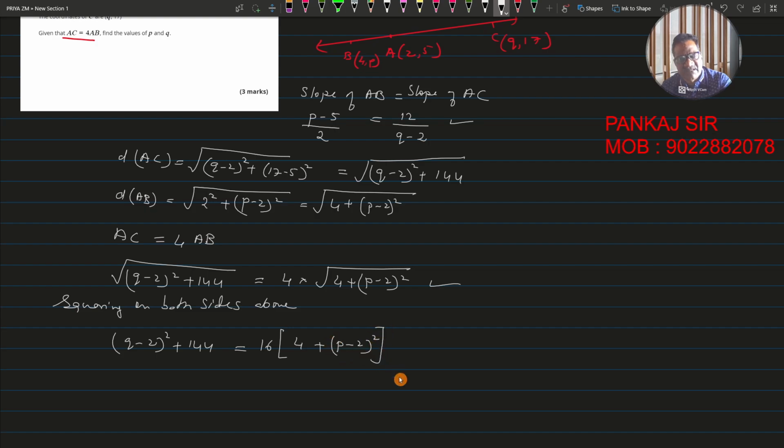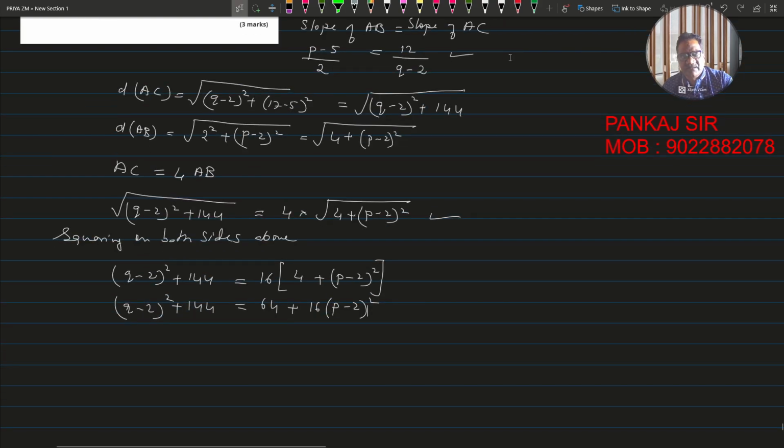Now (Q minus 2) the whole square plus 144 will be equal to 16 fours are 64 plus 16 times (P minus 2) the whole square. This is what I'm getting.